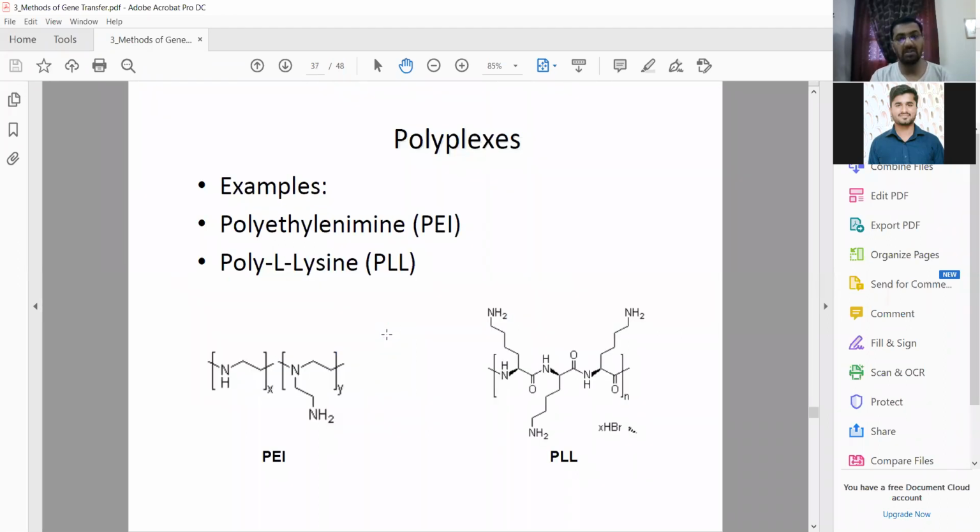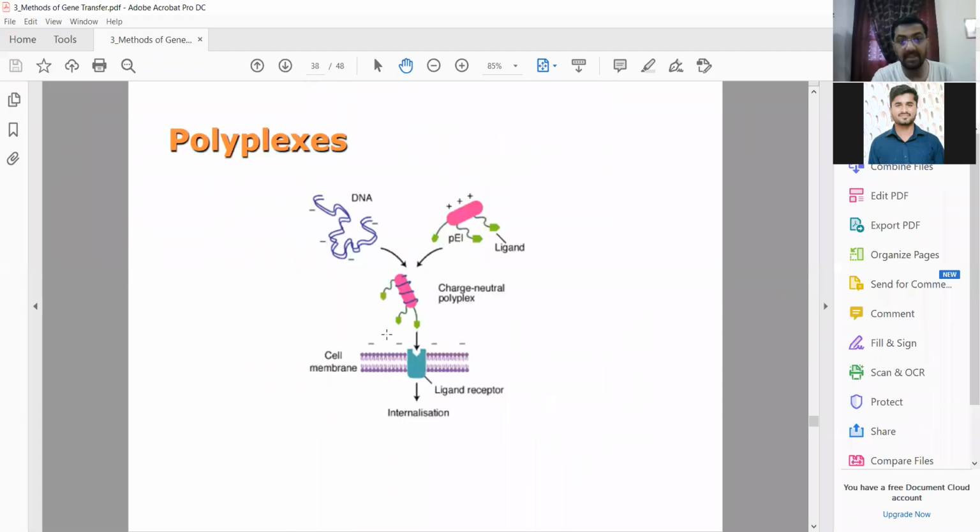These are the two major examples of polyplex-forming polymers, polyethylenimine and polylysine. In polyplexes, we have DNA which is negatively charged, as you can see here, and we have a polyethylenimine polyplex which is positively charged along with a few ligands.